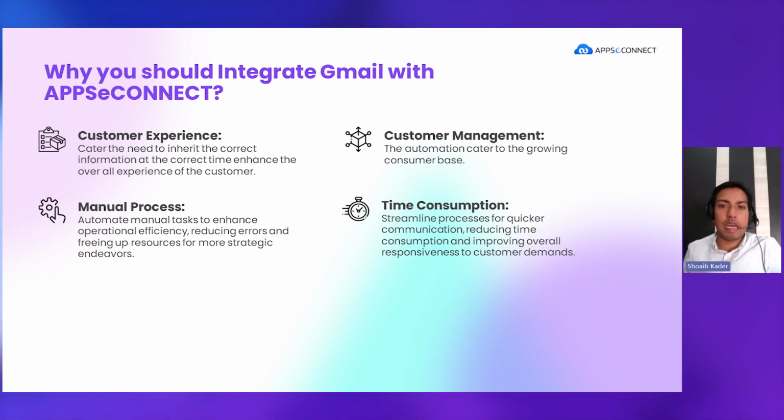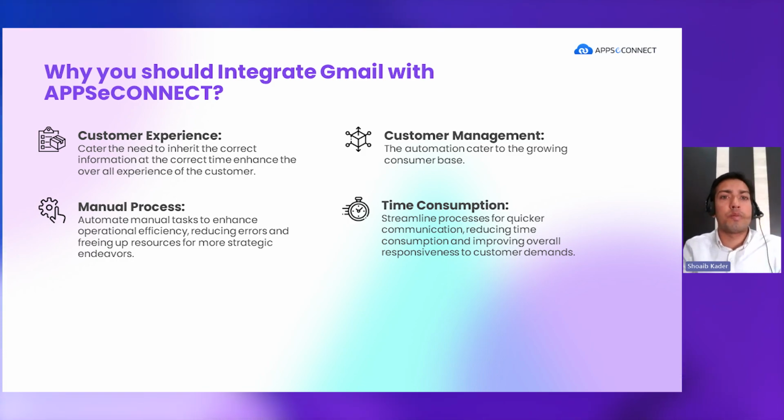So AppSeConnect has the capability to cater to the needs of your customer size, be it 1,000, be it 2,000, 5,000, or 10,000. So you don't have to think about increasing human involvement or increasing the resources to make sure that your automation is working properly. No, AppSeConnect can accommodate all of them one by one. Customer management is my favorite one.